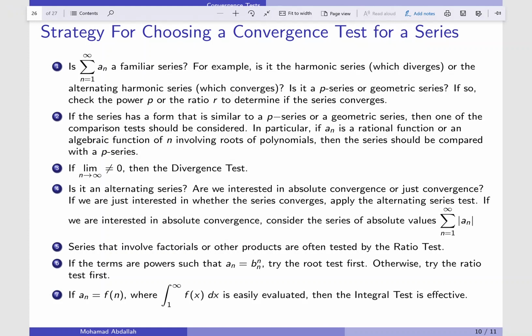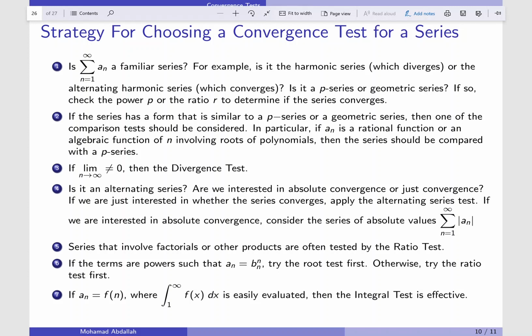So here I have a strategy that I recommend for choosing a convergence test. First of all, you have to see whether the given series is familiar. Maybe it's written in a different way. So try to take a deep look into the series, into the terms.